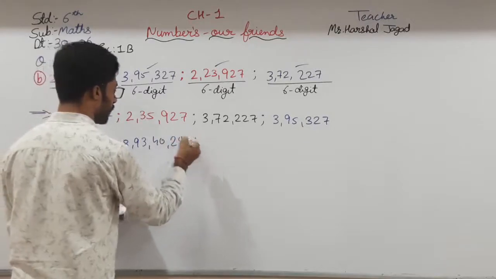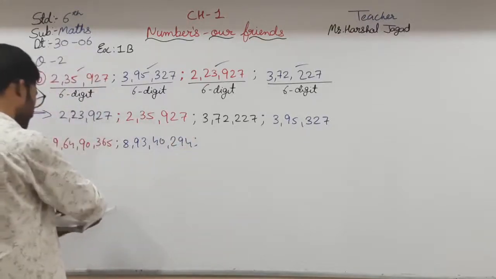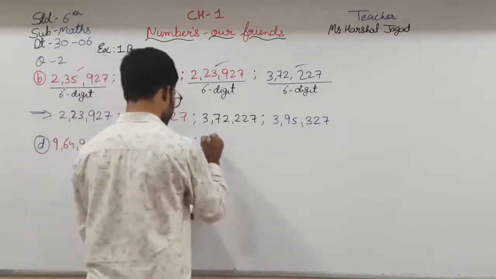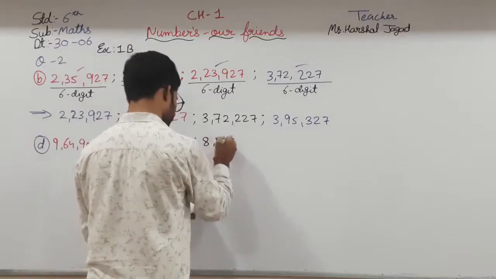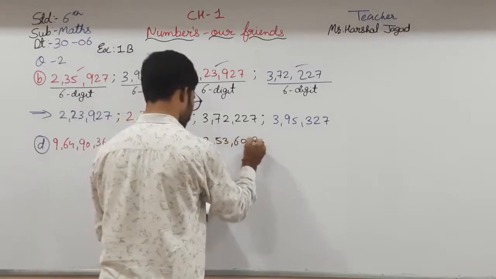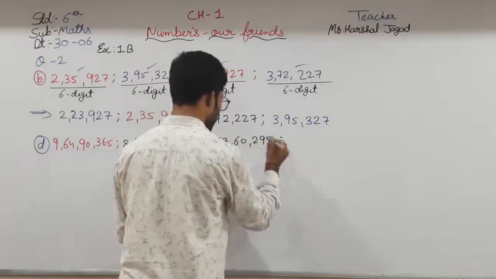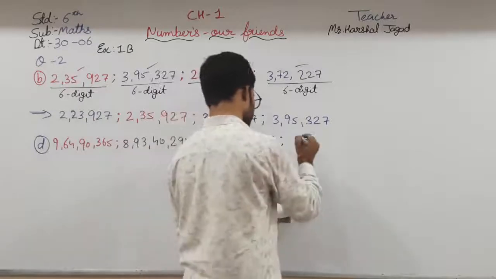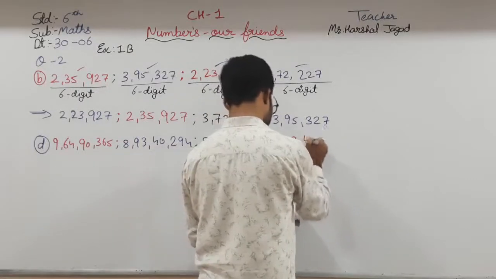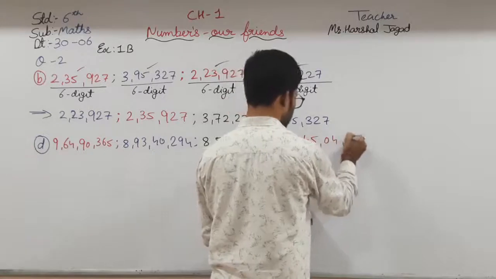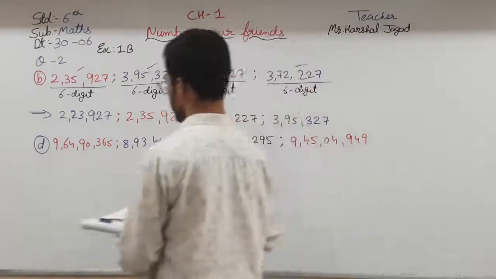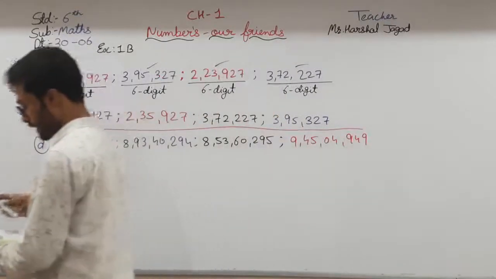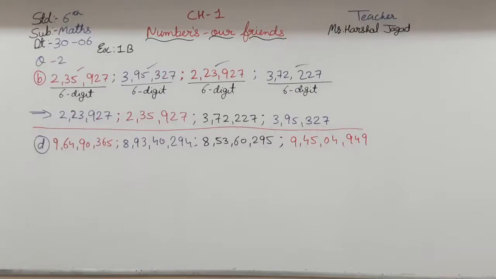Then 8 5 3 6 0 2 9, then 9 4 5 0 4 9 4 9. Okay, so this is d. Let us solve this.